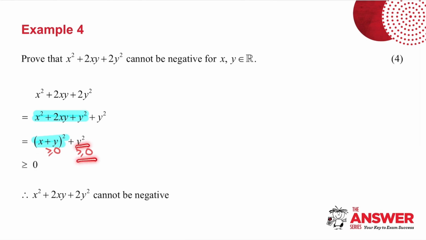Y squared is always greater than or equal to 0. And if I add two things that are greater than or equal to 0, my answer has to be greater than or equal to 0, which means that x squared plus 2xy plus 2y squared cannot be negative. And that was what I was asked to prove.